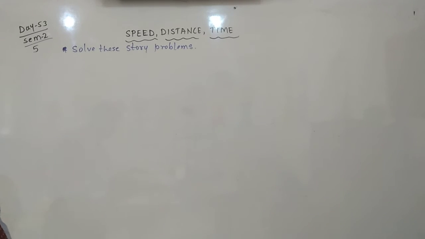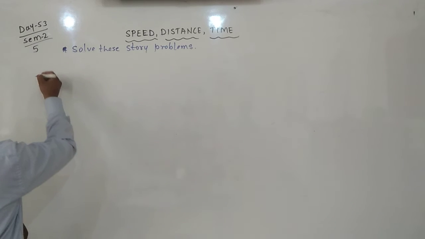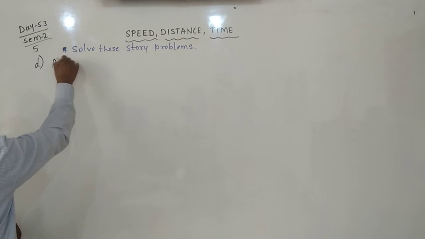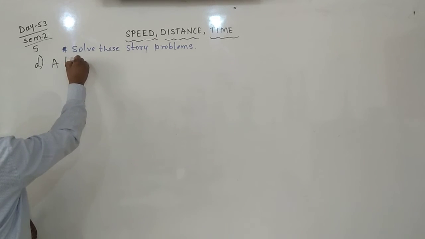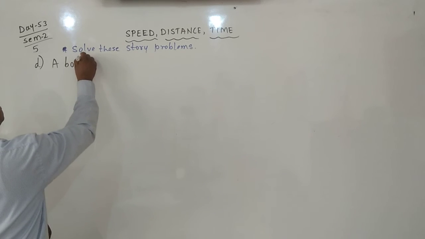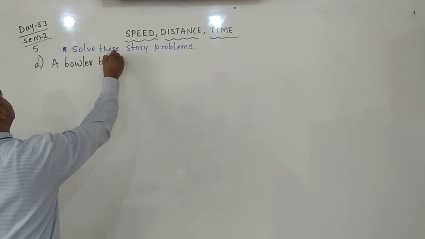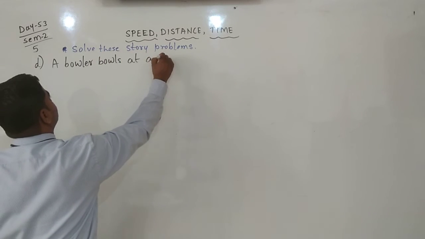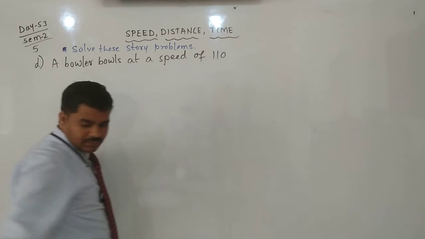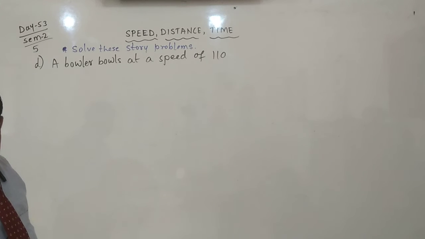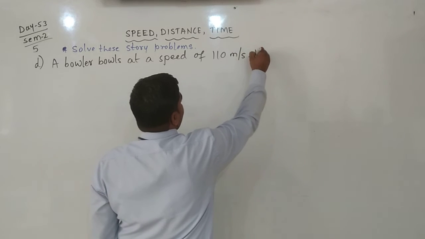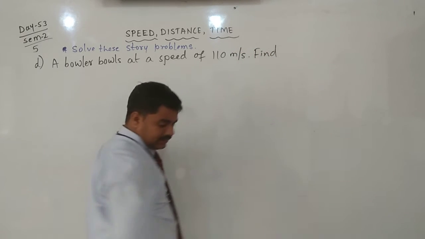D. A bowler bowls at a speed of 110 meters per second. Find the distance.